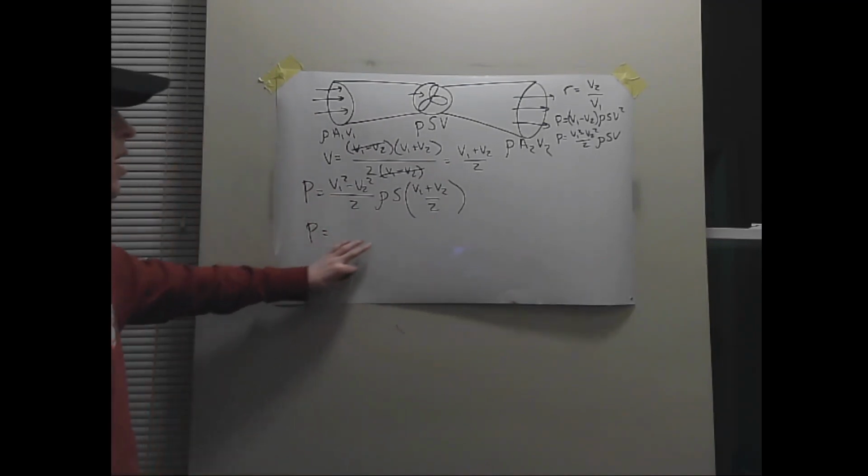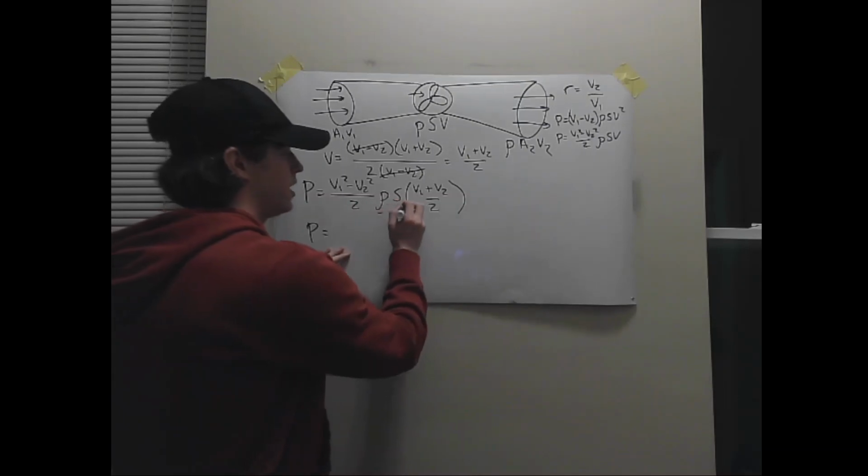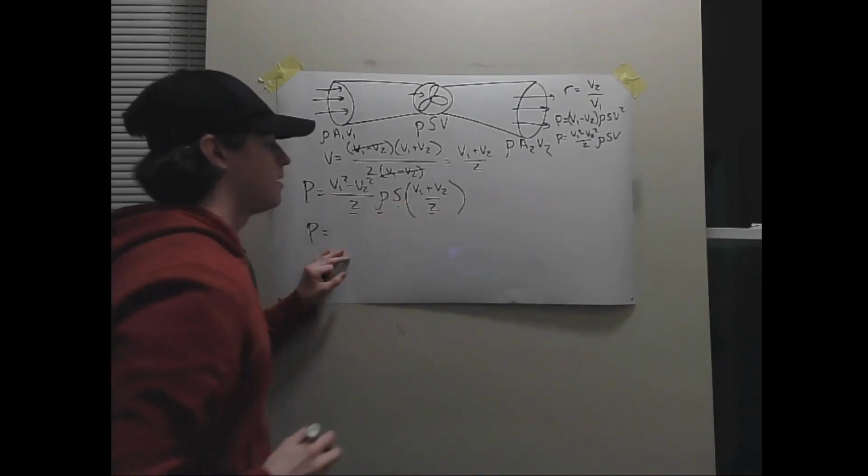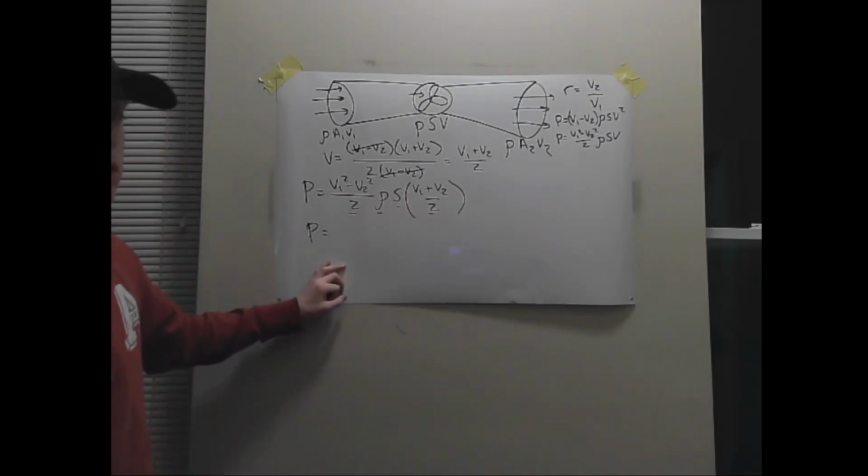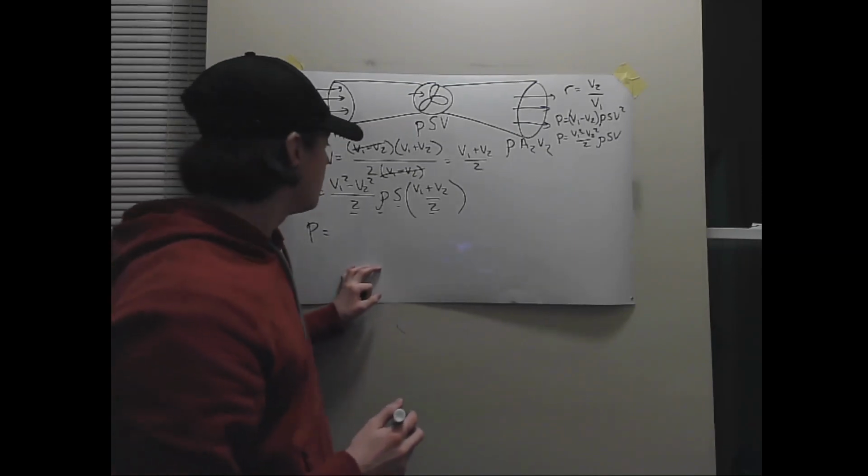Now from here, I'm going to go ahead and pull out the constants. So rho S and the 2's in the denominator, out of the frame.